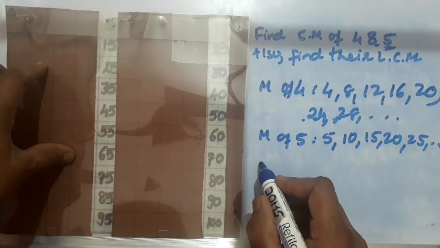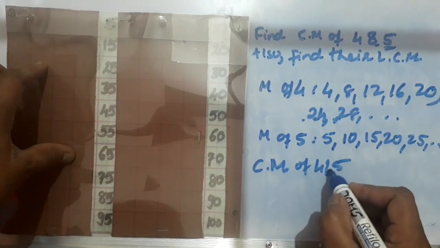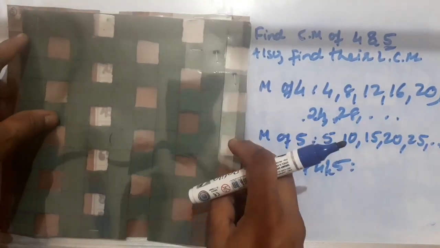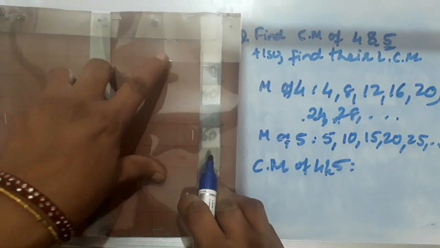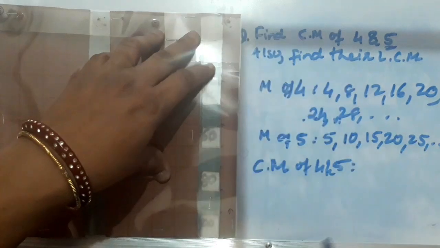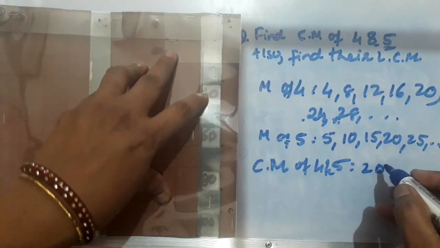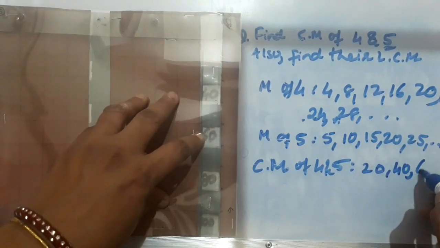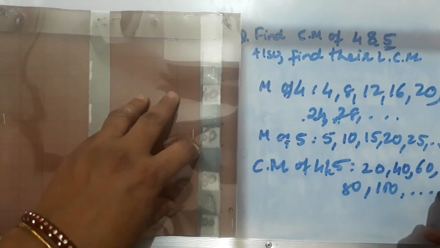Now I will find out which are the common multiples of 4 and 5. So now I will place both the grids one on top of the other, and the numbers which you can read out are 20, 40, 60, 80, 100 and so on.